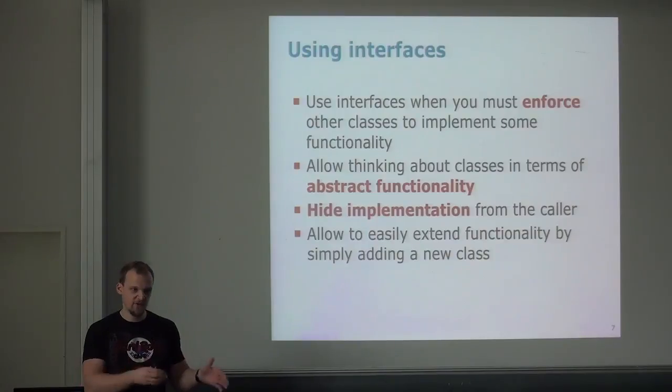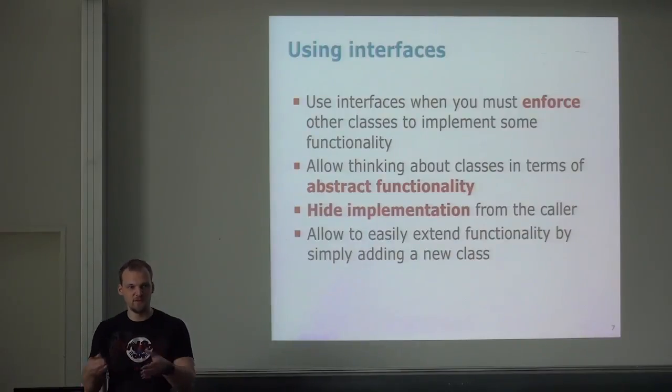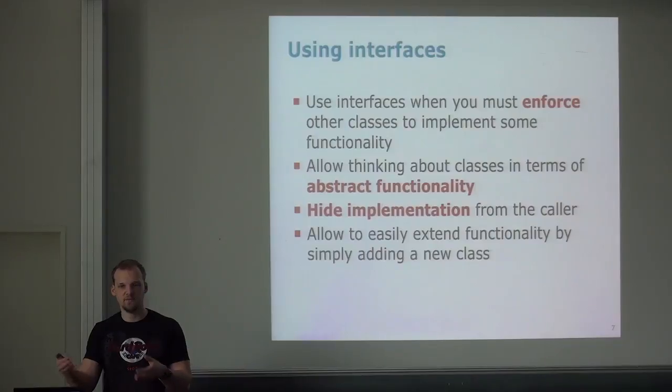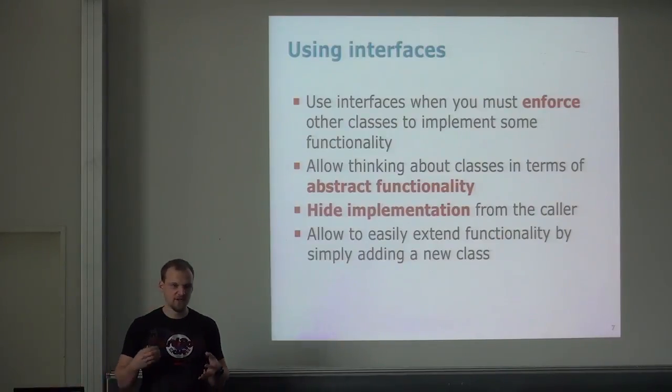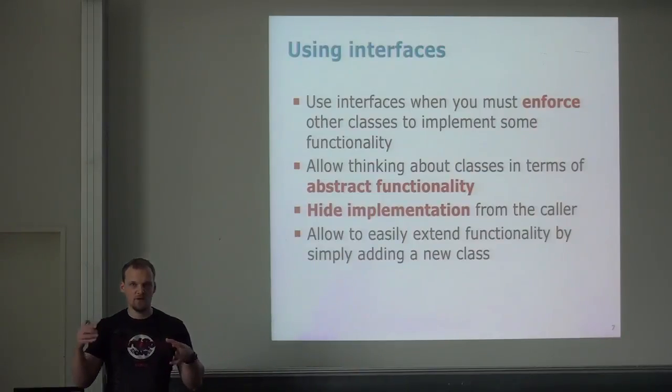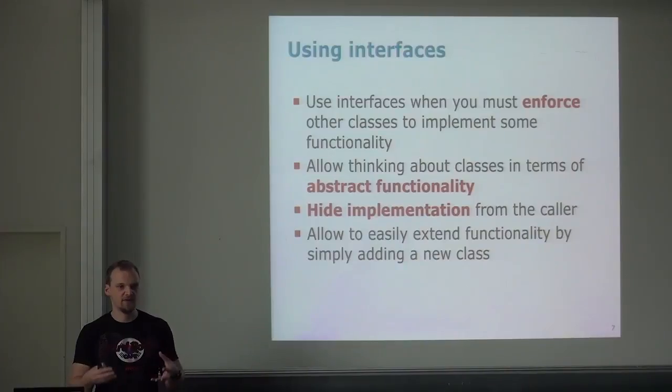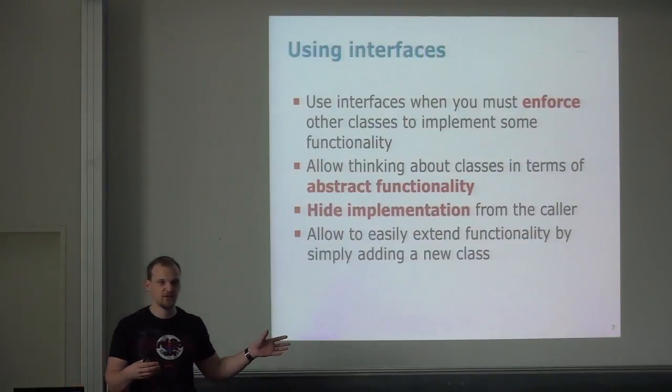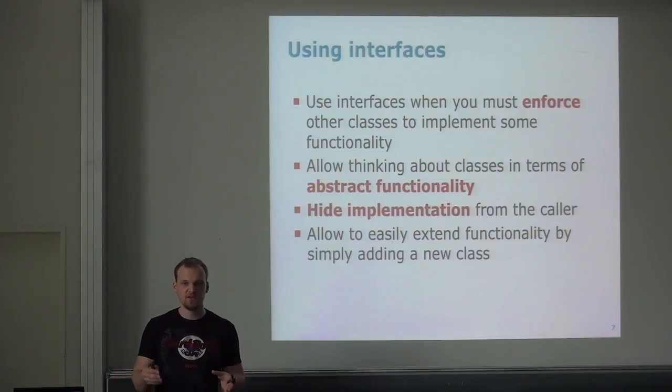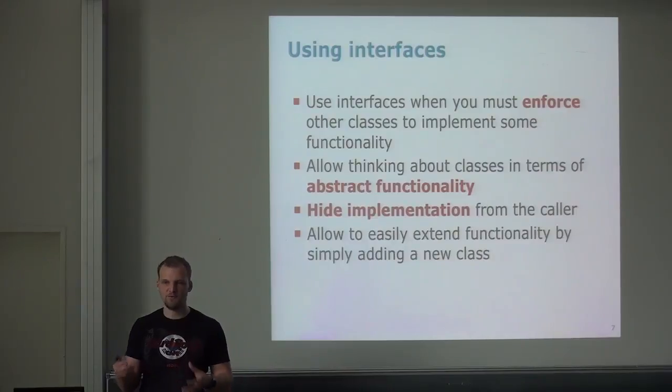This way, every class will be forced to implement or override this print function. Generally, interfaces are a nice thing because they allow you to think about what functionality on a high level you expect from a class. The good part about interfaces, that was I think the last slide of the last lecture, an interface is a class that has only pure virtual functions.